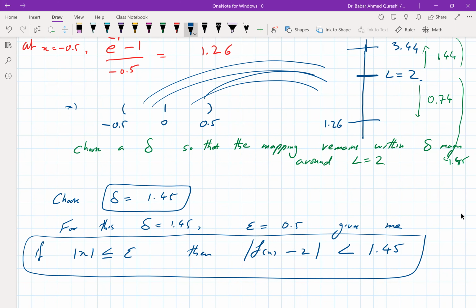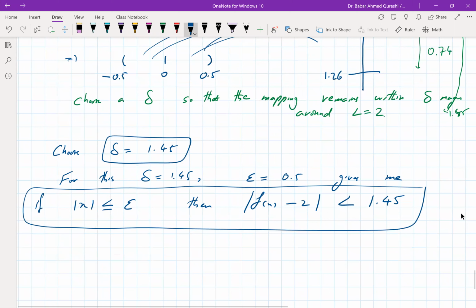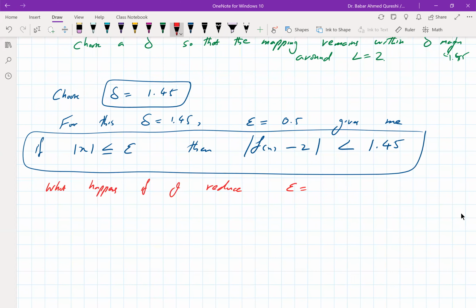Now you can see that if I reduce this range, what happens? If I reduce epsilon to 0.1. So around 0, now I'm looking only at minus 0.1 and plus 0.1.